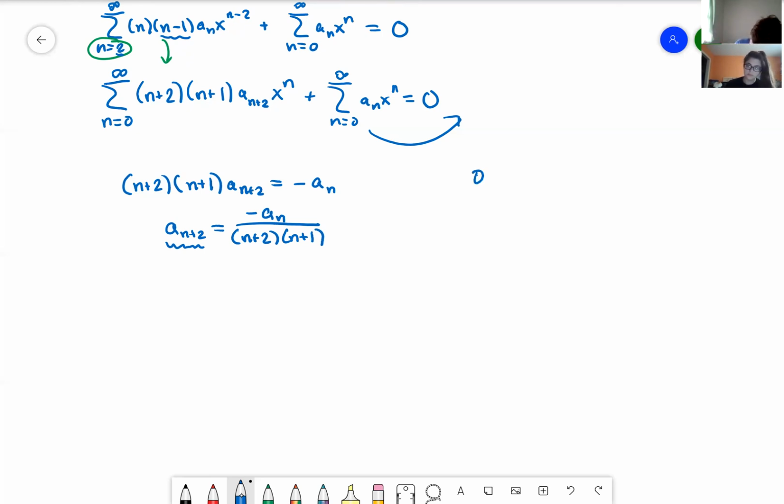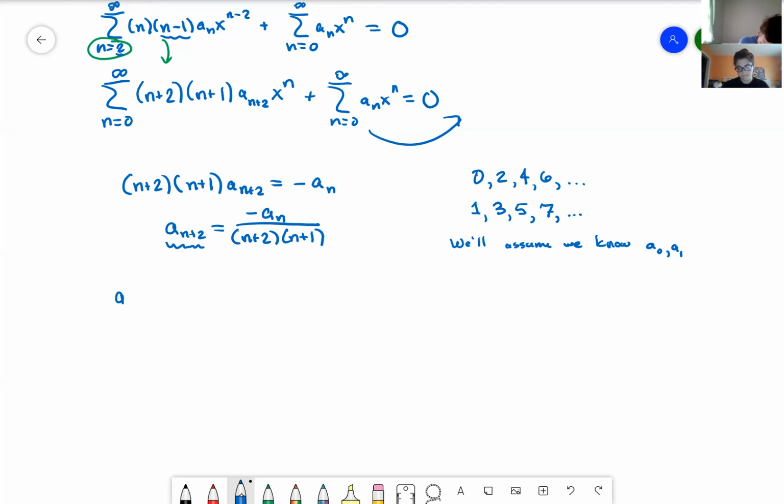So if we knew a0, we would be able to get a2, and then a4, and then a6, and so on. But we wouldn't be able to get the odd ones. So we need to know what a1 would be, and then we'd be able to get a3, then a5, and then a7, and so on. So we'll assume for now that we know a0 and a1, and then we'll write the other ones in terms of these, or at least we'll try to.